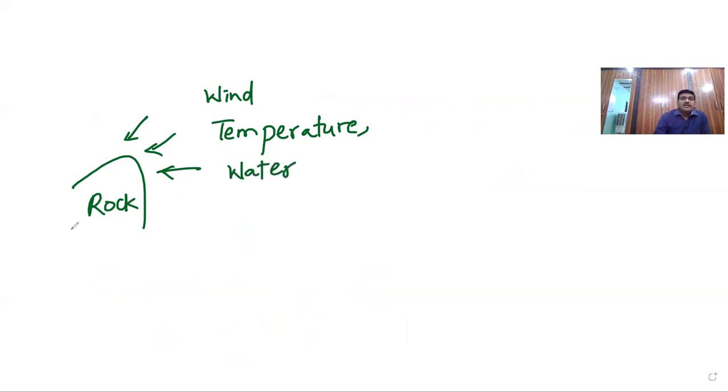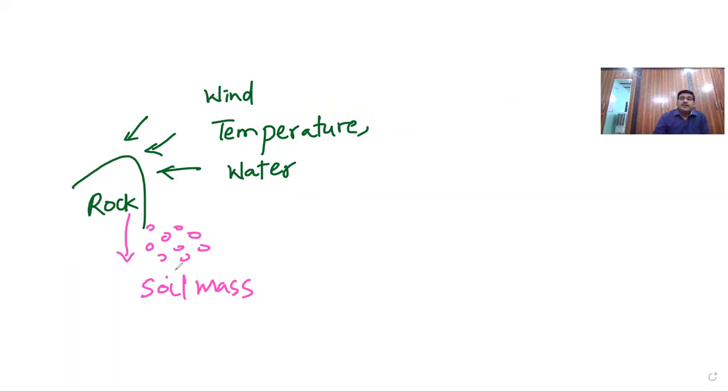Then if the rock is attacked by these external agents, some reaction happens here. That is physical reaction, breaking of the rock into small parts. This rock will be broken into small fragments. This is the soil. This is the soil mass.